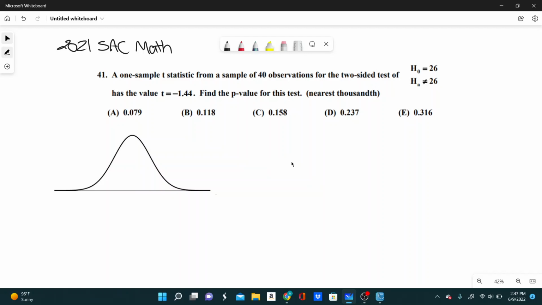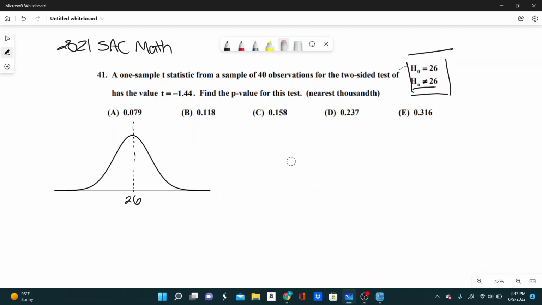Okay, what this is saying, with our H0 equals 26, Ha does not equal 26, is that you're starting with the assumption that your mean is 26. This part down the middle is 26. And this Ha means you're testing to see if that actually is the case.